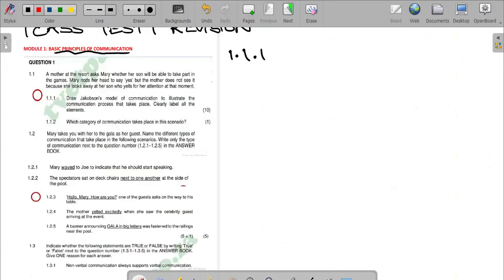I'm going to go to 1.1.2. It says which category of communication takes place in this scenario. Since there are two people communicating using spoken words and they are seeing each other, it is interpersonal communication.